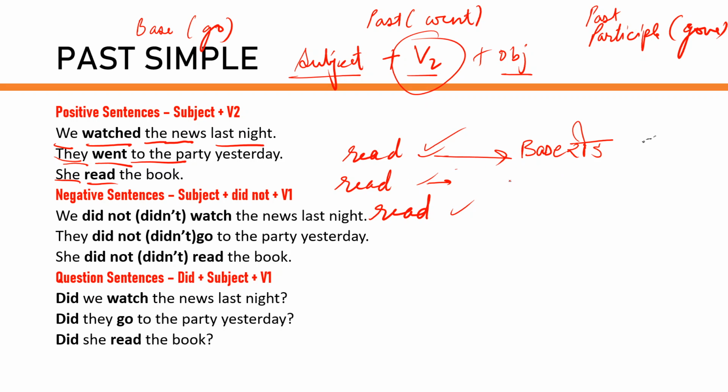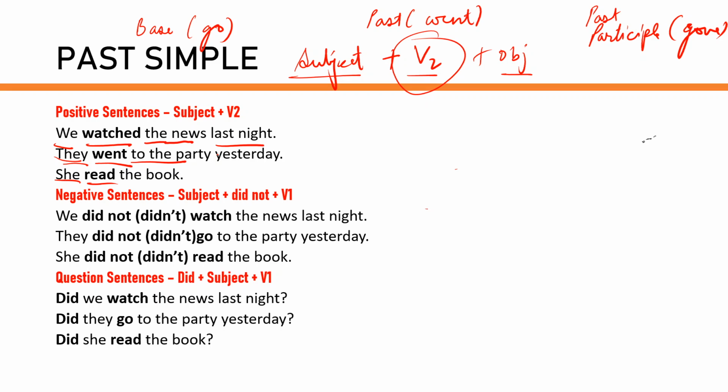And this is pronounced as red, just like the color red. Know this difference. So you already know how to make positive sentences, affirmative sentences in past simple. Just subject, the second form of verb. It is the only tense in which we use the second form of verb, past simple.